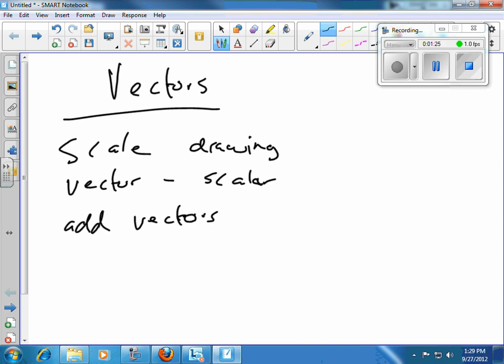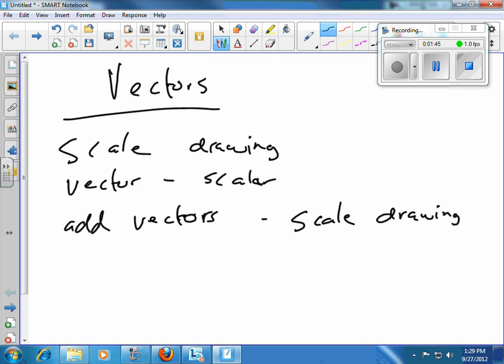Okay? Now when I say add vectors, there's really two ways to do it that you've been taught so far. Adding vectors. You can do by scale drawing, which means, of course, using a ruler and a protractor, right?